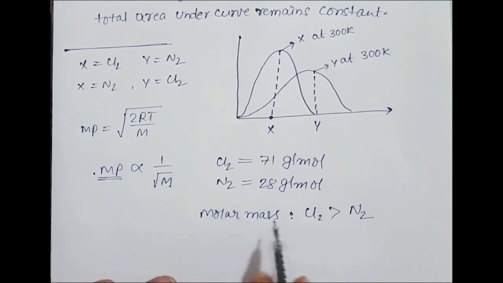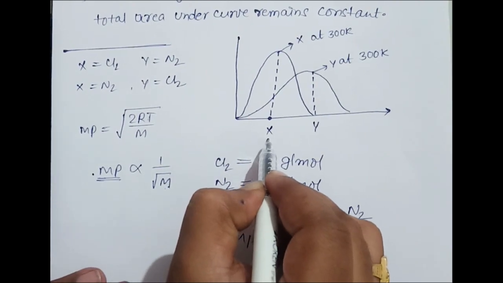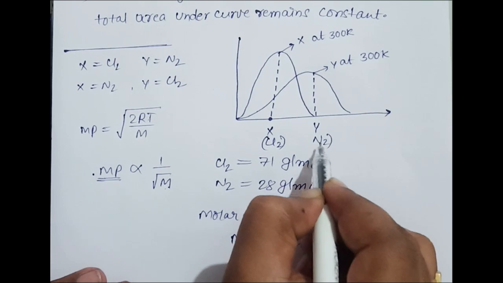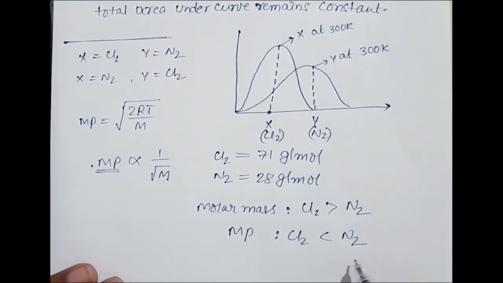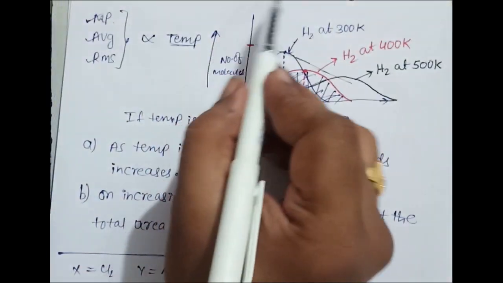So if molar mass is more, then the most probable velocity of Cl2 will be less than N2. So it means X is Cl2 and Y is N2. Got it? So this is all about the type of questions on the effect of temperature on the probability curve.